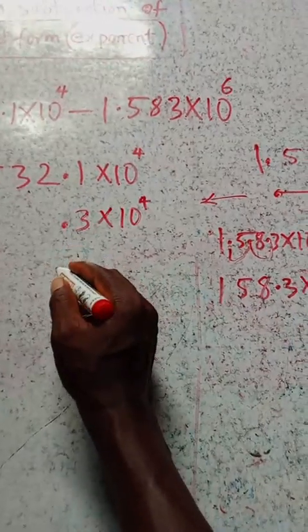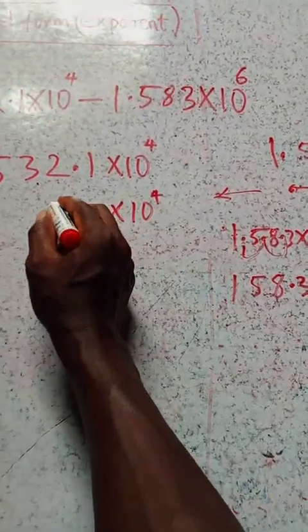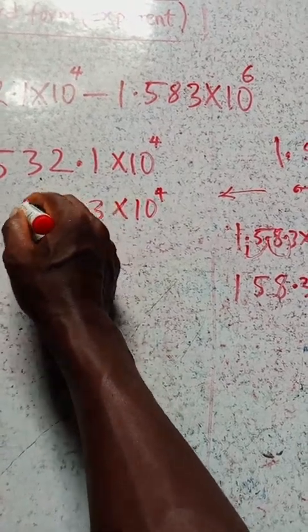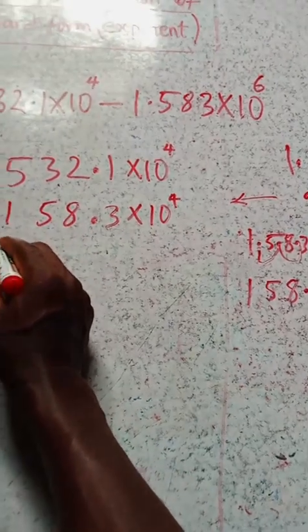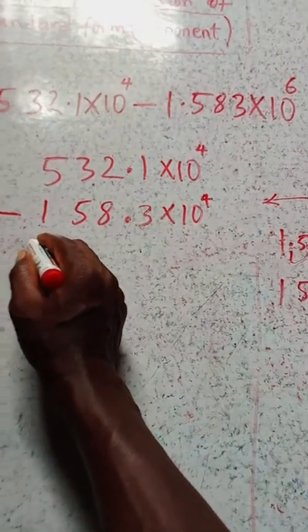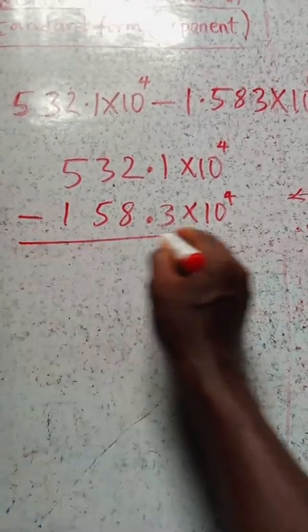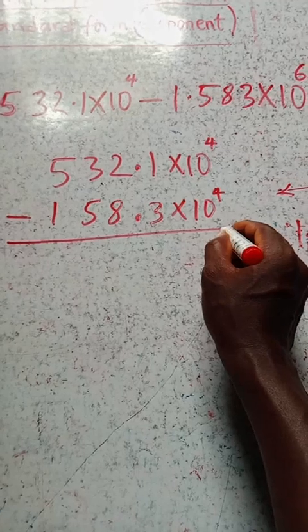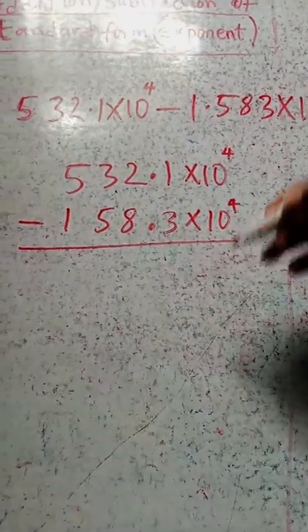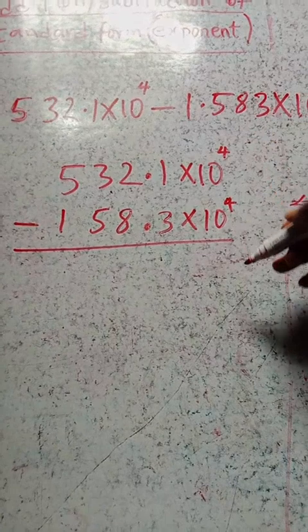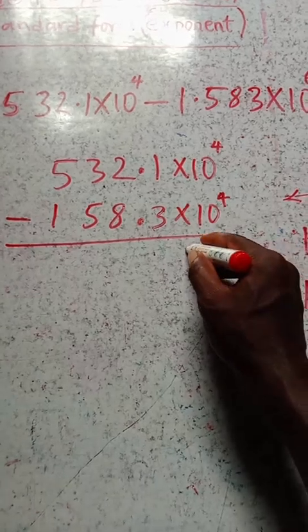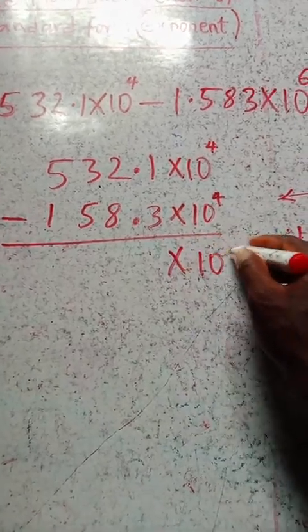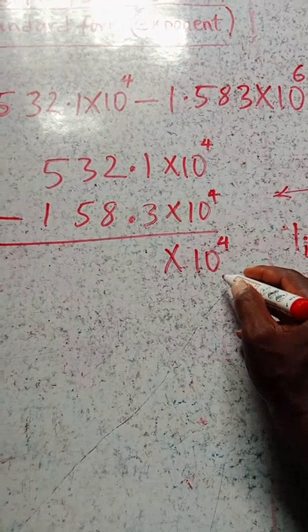We write it in that order so that we will not make a mistake: 8, 5 and 1. So that we now subtract. When we are subtracting, you don't subtract the powers; you just bring them down, times 10 raised to power 4.